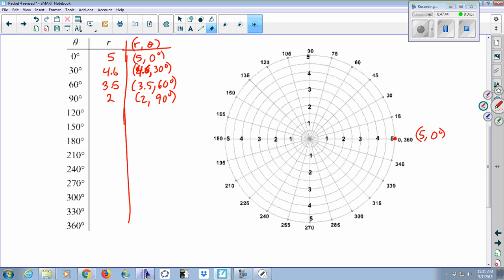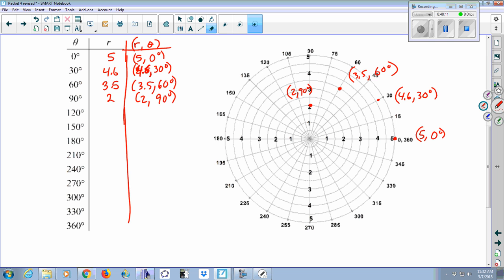Here's 4, here's 4.5, so right there is 4.6, 30 degrees. At 60 degrees, I'm at 3.5. Here's 3, here's 3.5, so there's 3.5, 60 degrees. And at 90 degrees, I'm at 2, so right there, 2 comma 90 degrees.